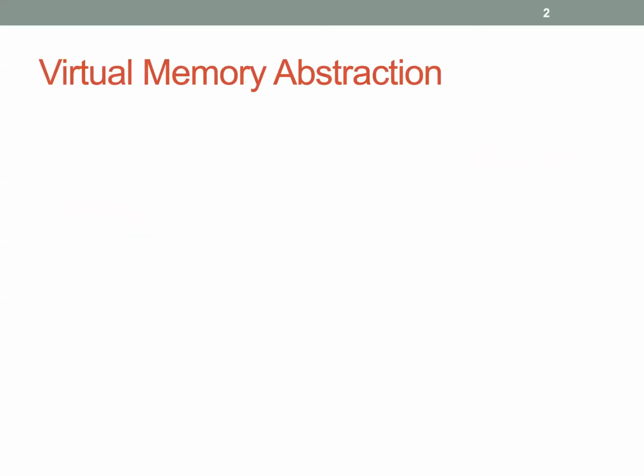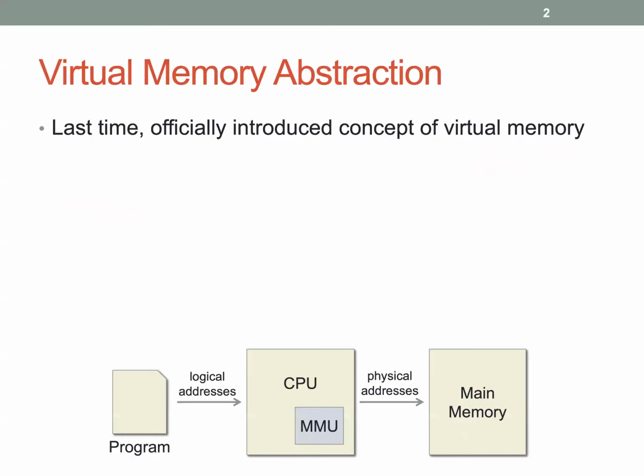But today we're going to continue talking about virtual memory. We talked about it last time for the first time officially, even though we've been talking about it all along, informally in other circumstances. The reality is that whether you're the kernel or a user process, the program that's running is emitting virtual addresses that are translated by the CPU into physical addresses that access main memory.